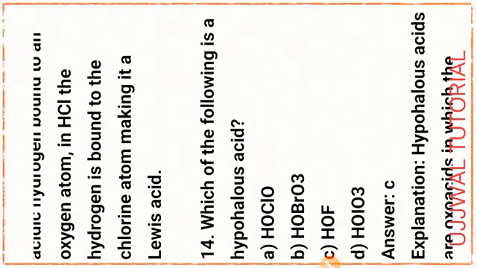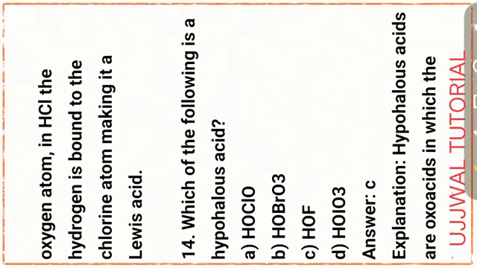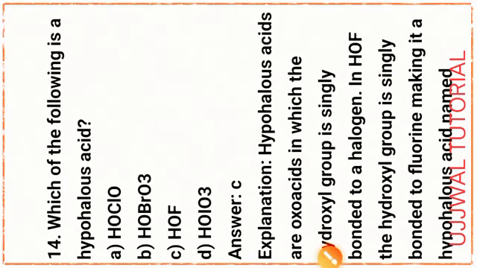Next question, question number 14. Which of the following is a hypohalous acid? That is option C, HOF. Okay, due to explain for this part, HOF, hypohalous acids are oxo acids in which the hydroxyl group is singly bonded to hydrogen.